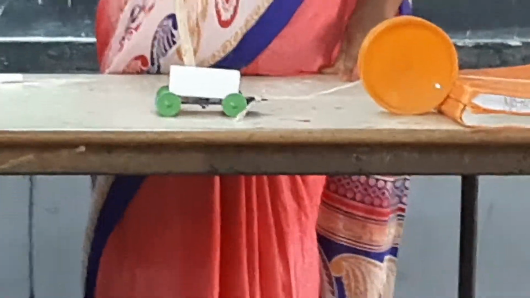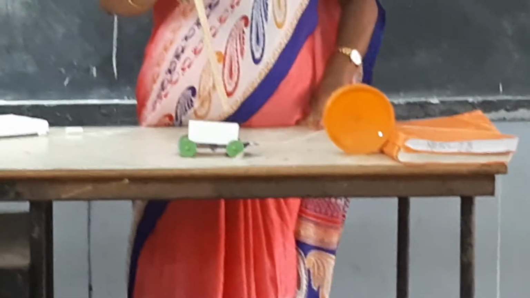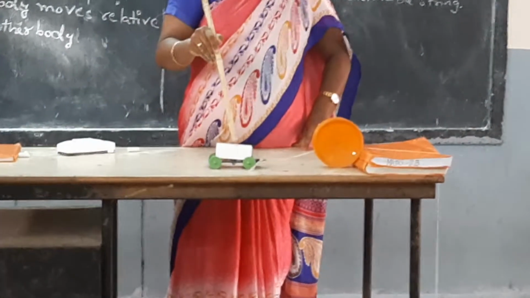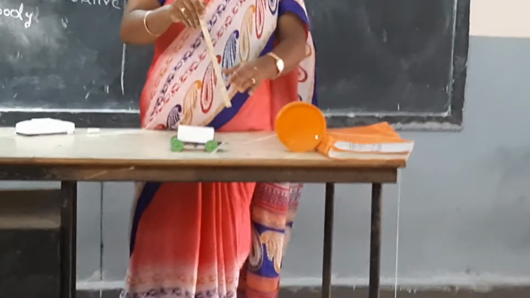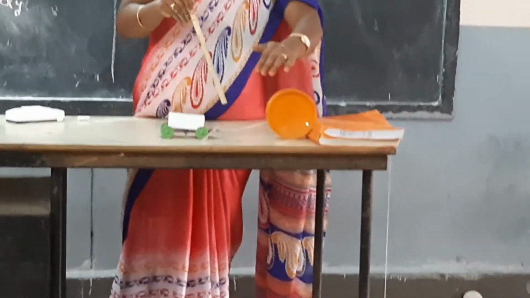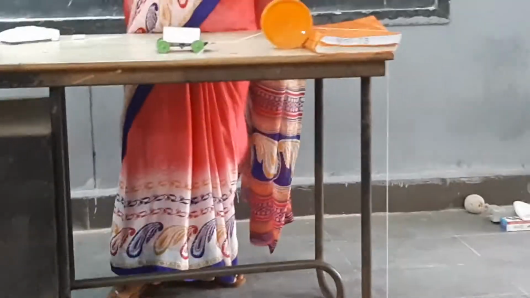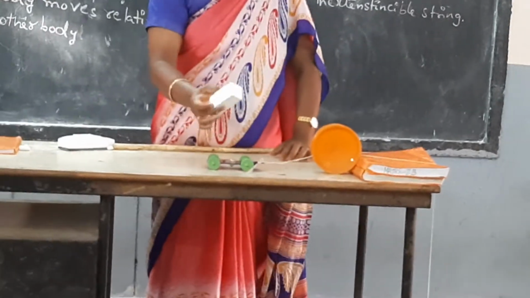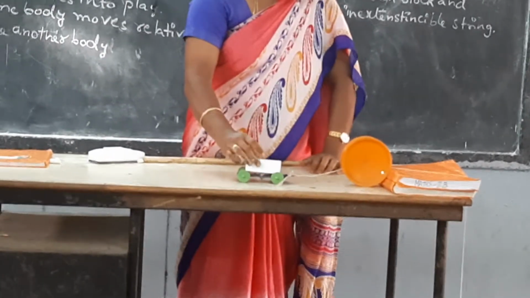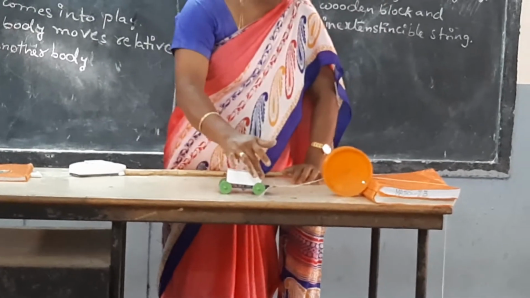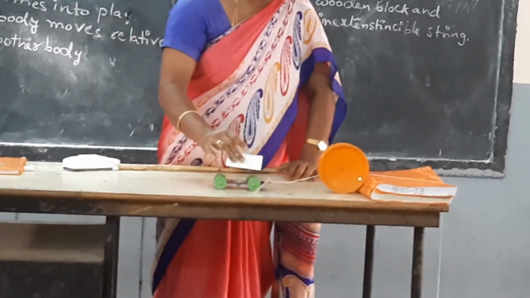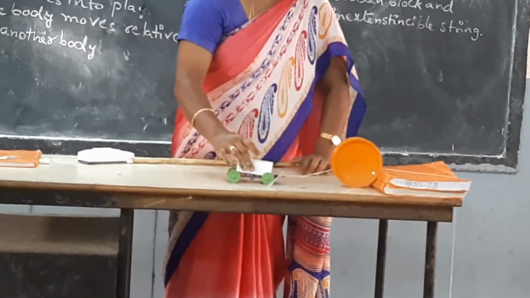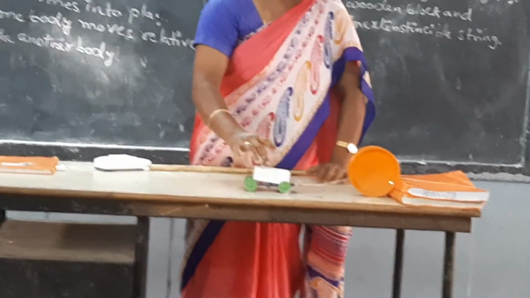Thus, the force of friction by the trolley acts on the wooden block in the direction of the motion. At the same time, the wooden block also applies a force on the trolley, but in the opposite direction.